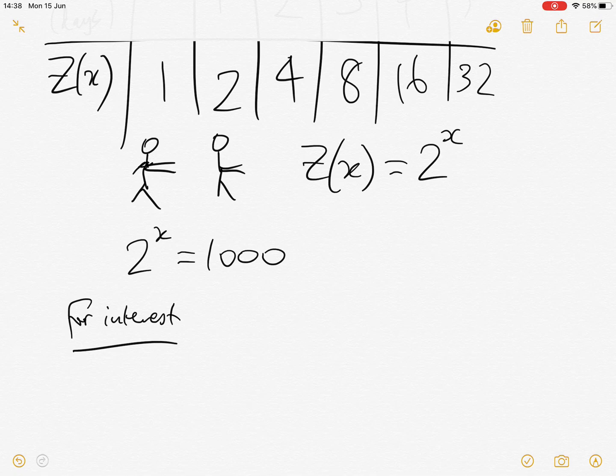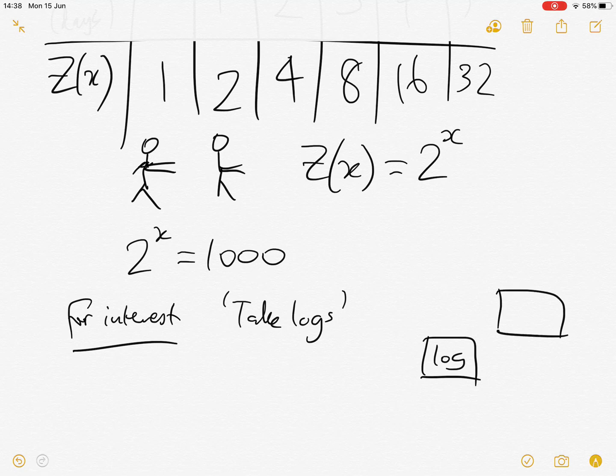One way to do that is to take logs, and your calculator can do this for you. So your calculator probably has 2 log buttons, or possibly one of them comes from shift. So one probably looks like this, and then maybe somewhere else there's another log button that looks like this.